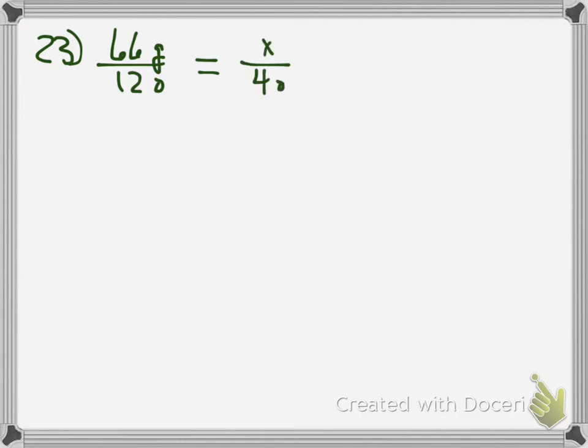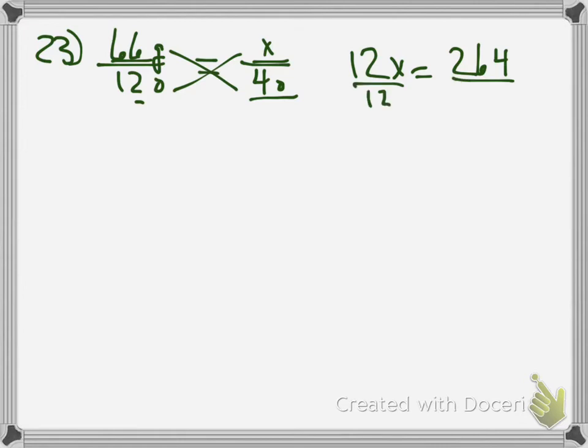Notice how I've got this set up, ounces with ounces, grams with grams, so I can cross multiply and then divide. 66 times 4 is equal to 264, and then I can divide by 12 to get my simplified answer. So x here is equal to 22. Those should be fairly simple. I would make sure that you're ready for those types of problems.